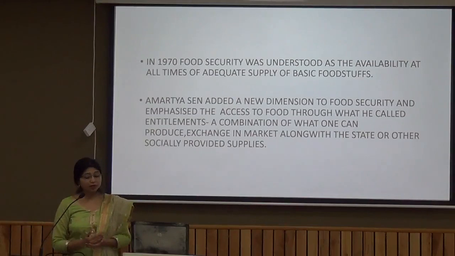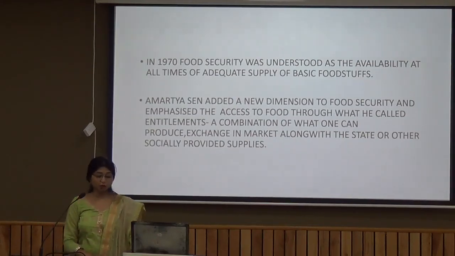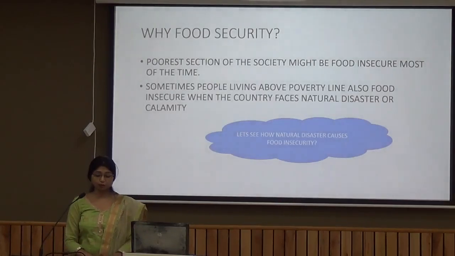Means if it is available in the market, it can be provided to the people, and people can afford it. People can access it also.